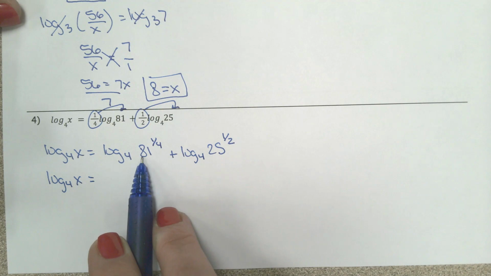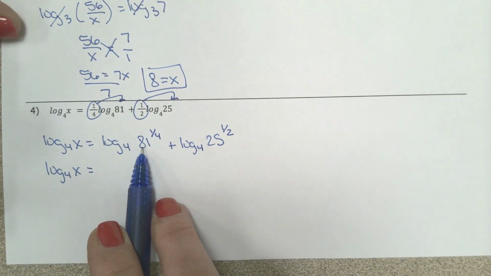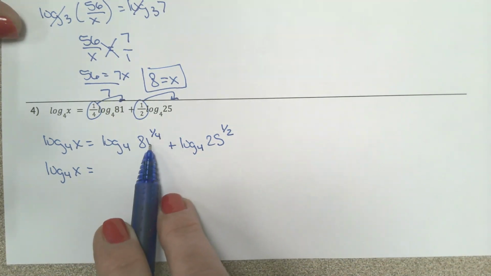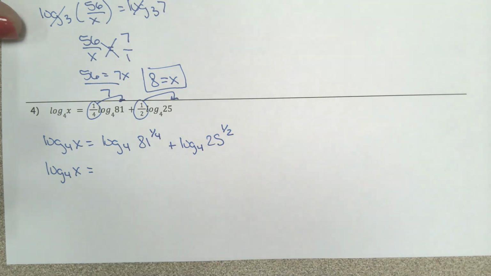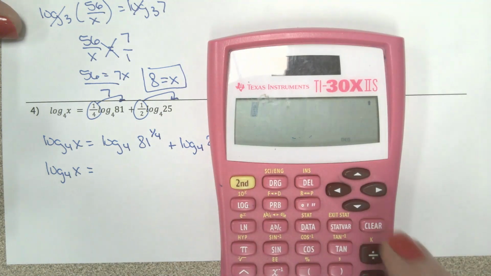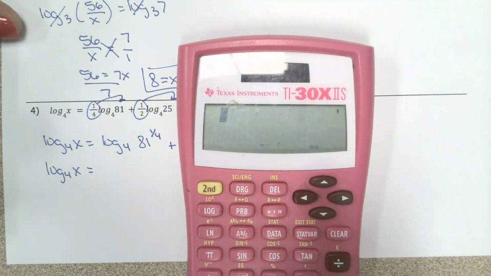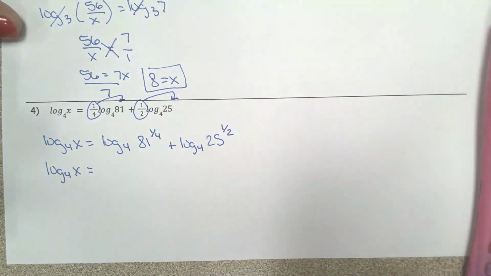All right, so I know that I can simplify this because I know that you could take the 4th root of 81. If you aren't quite familiar with that, I invite you to put that into your calculator. So I would go 81 raised to the, do parentheses, 1 divided by 4, and that is 3.